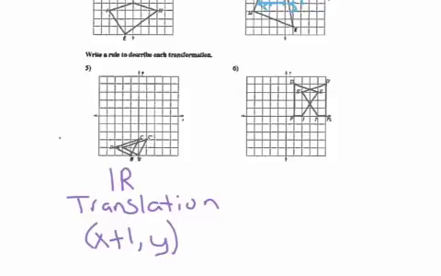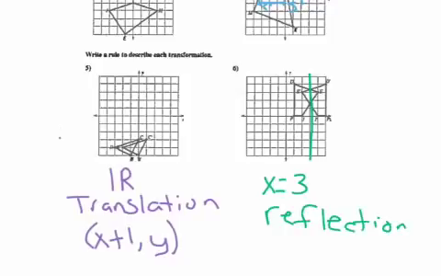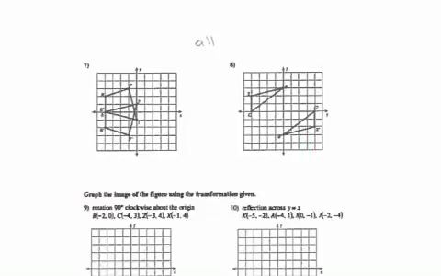Number 6, this is definitely a mirror image. Here's where my mirror image would fall, and that is across the x at positive 3. So this is definitely a reflection at x equals 3. Number 7.